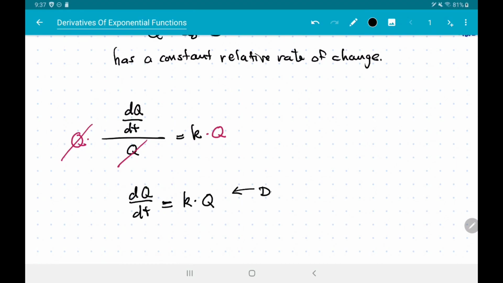This is a differential equation, and it's one of the most important ones because it's not trivial to solve it, but it's relatively easy.